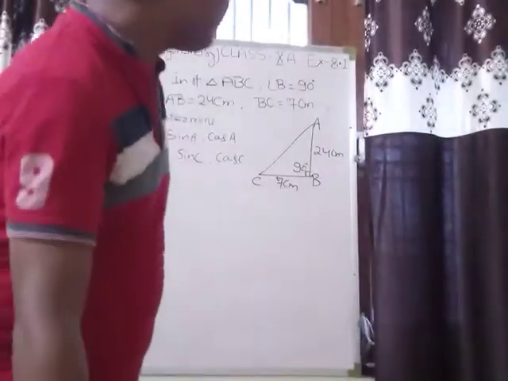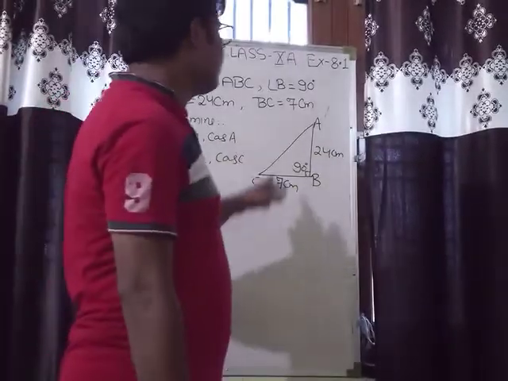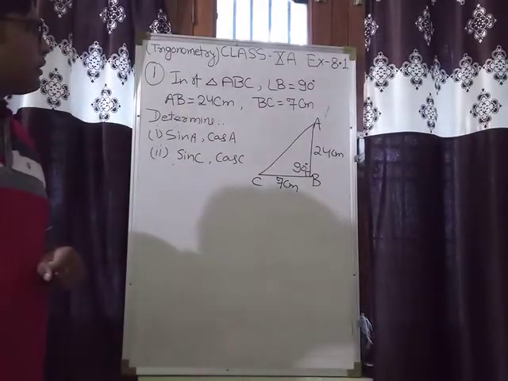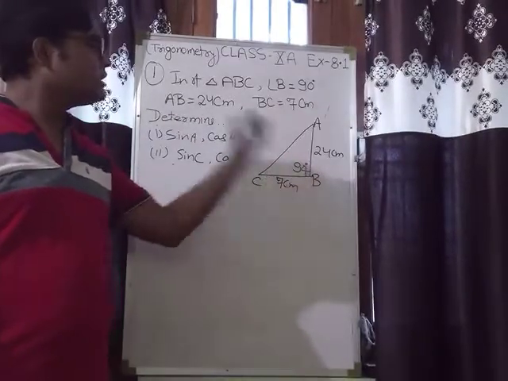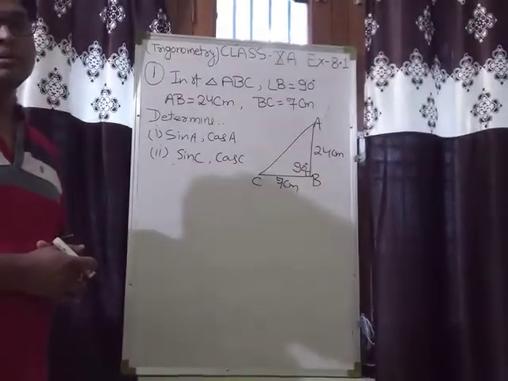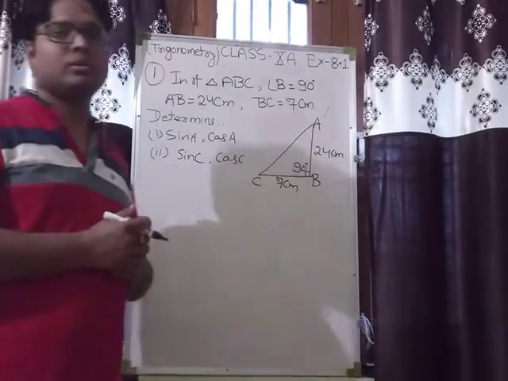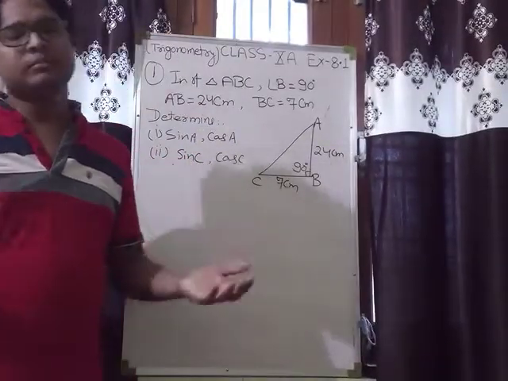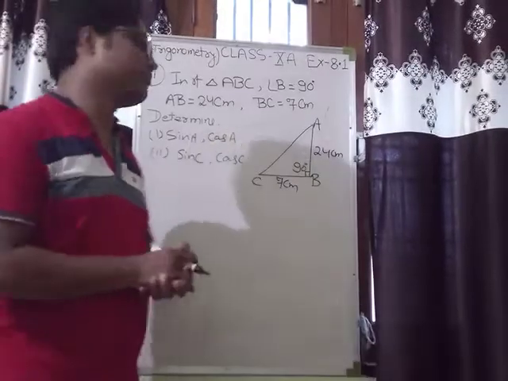Okay. So first find out, you can see in this right triangle ABC, this AB is given, BC is given, hypotenuse AC we have to find out. So how can we find out this hypotenuse AC? Very simple, by using Pythagoras theorem.